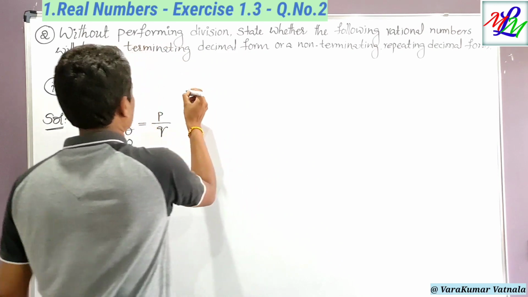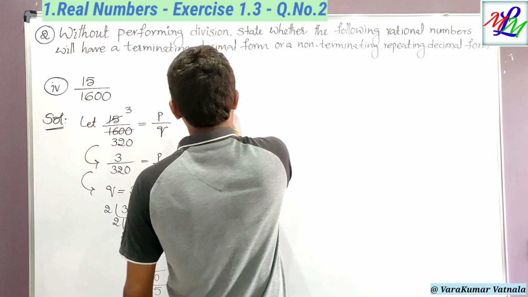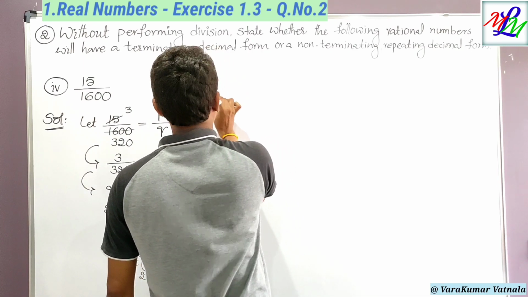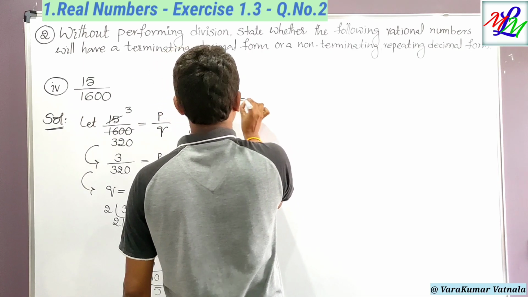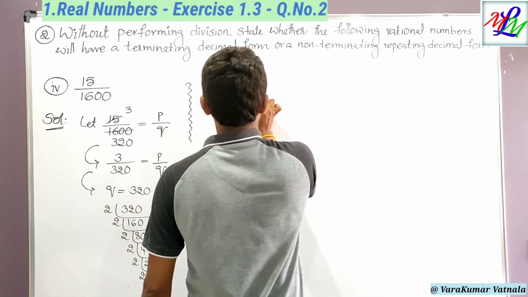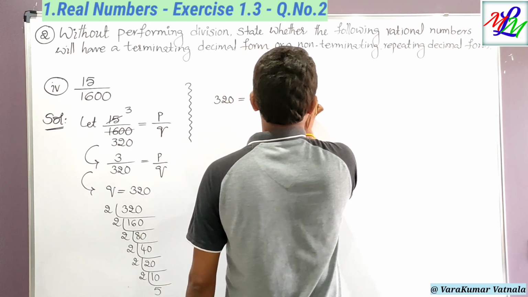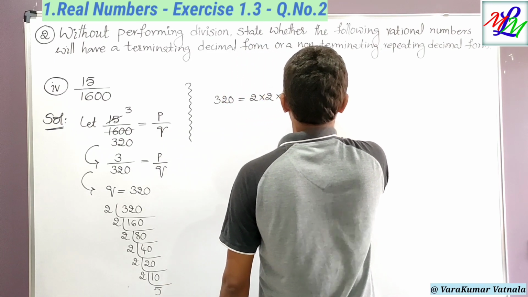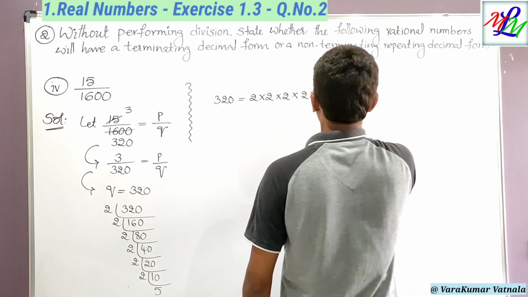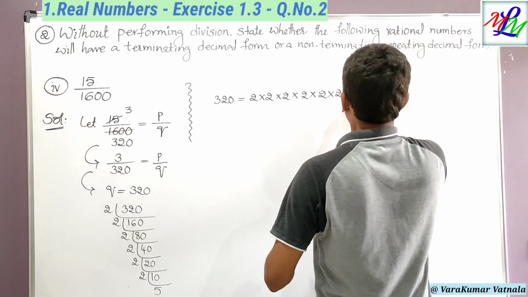So therefore we can write 320 is equal to 2 into 2 into 2 into 2 into 2 into 2, that is 6 2s, into 5. So we can write it as 2 to the power 6 into 5.